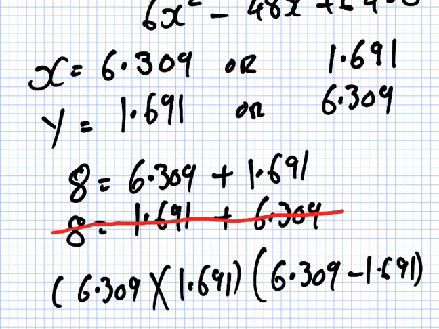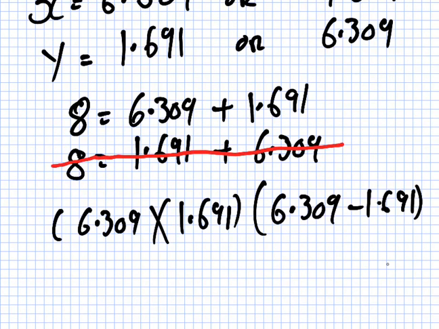Yeah, so I really want something more than 48. Let's see what it is. It's going to be 49, is it? Point something, 1.691 times 6.309 minus 1.691. Yeah, 49.3. So that is bigger than the numbers I was using at the start.